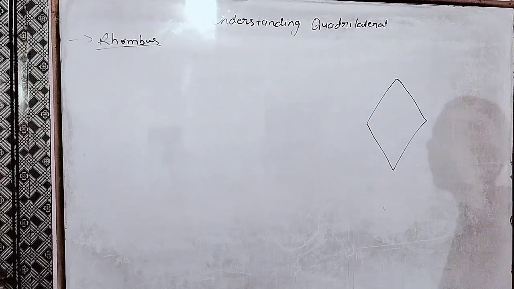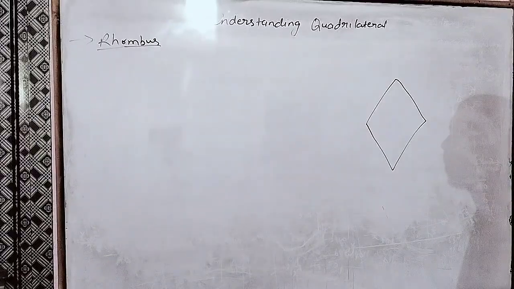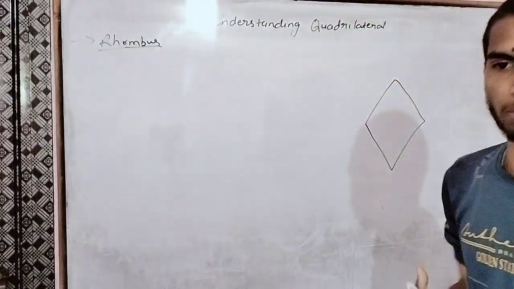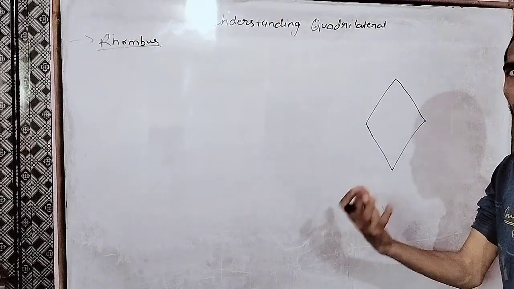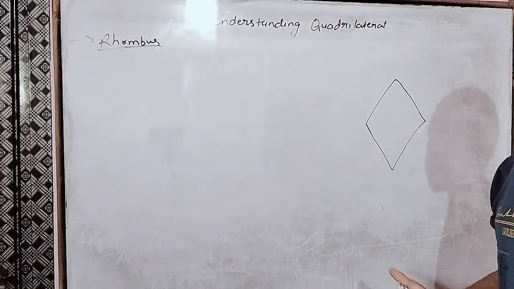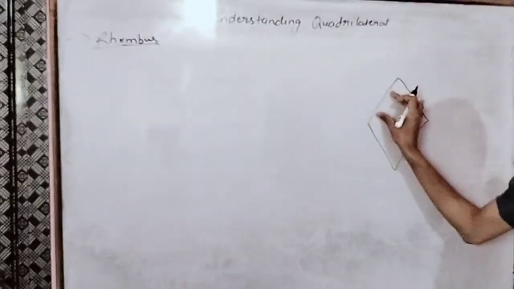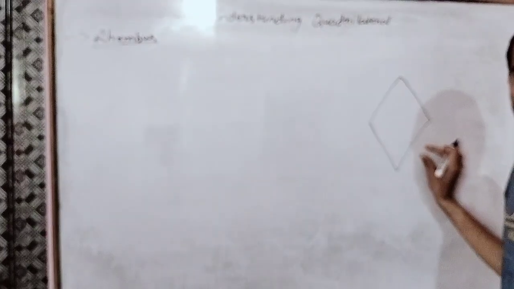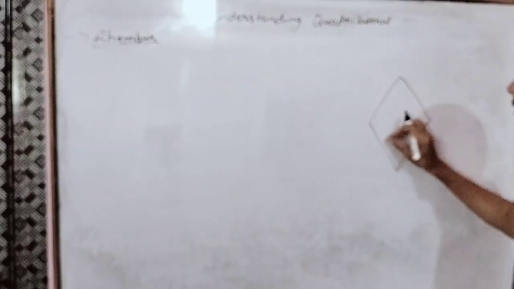Okay. So here is the definition of a rhombus. It says a rhombus is already a parallelogram. Now the rhombus will follow the rules of a parallelogram, and a parallelogram says that one line is parallel to the opposite line.